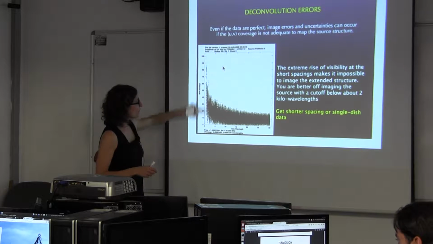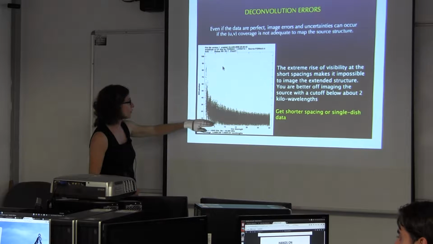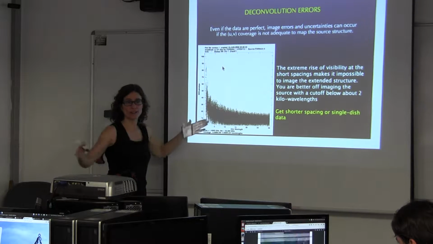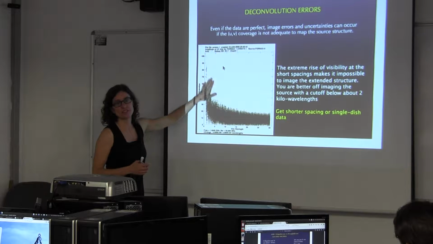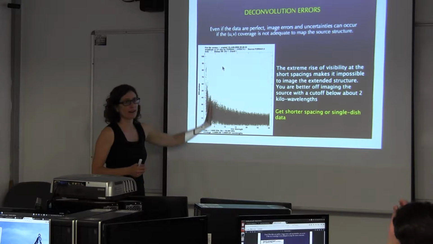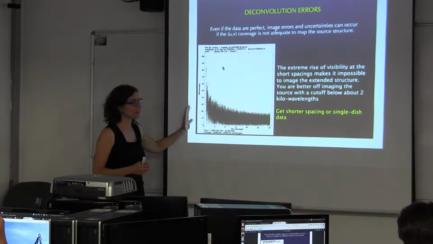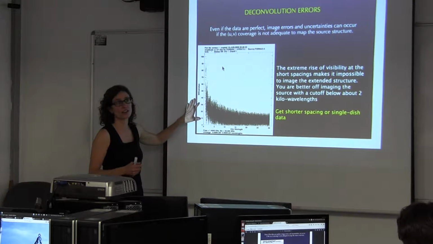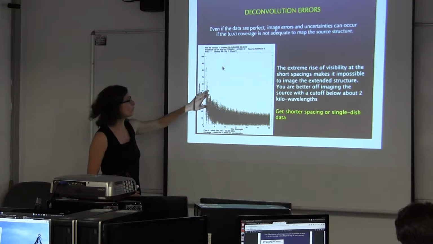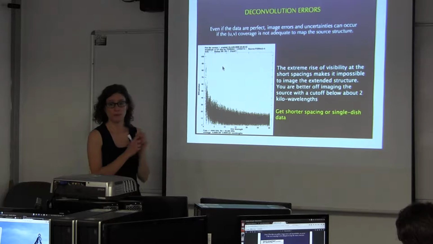If you are missing that information, when you are imaging, you are trying to fit that. And if it's really super extended, you will not be able to image this part properly. So it's better if you make a cut and discard the short baselines and try to use a single dish or something else to recover this information. Okay?